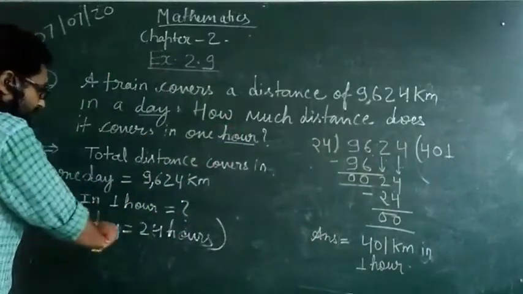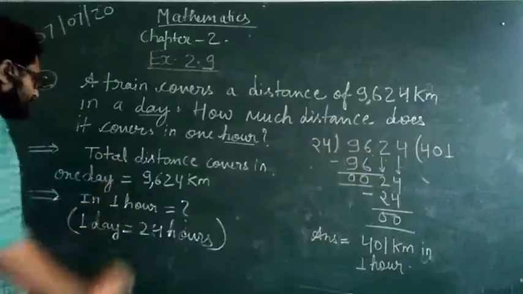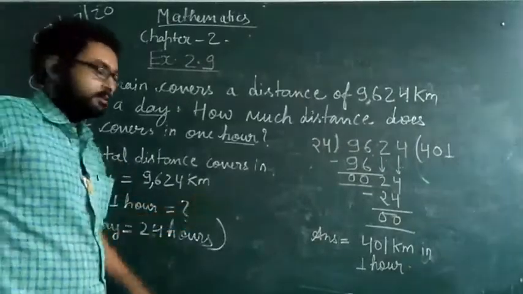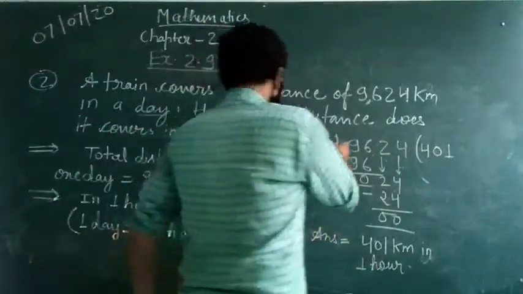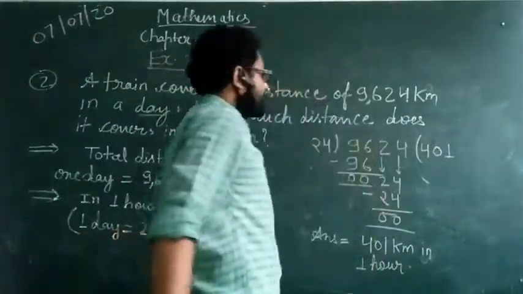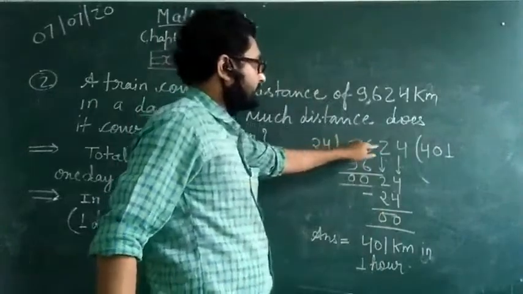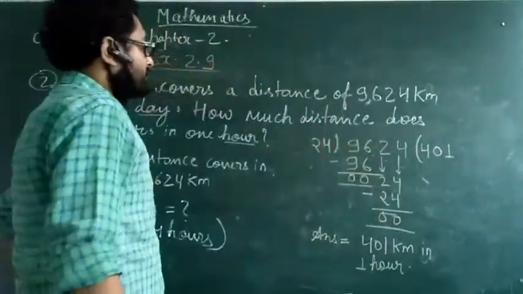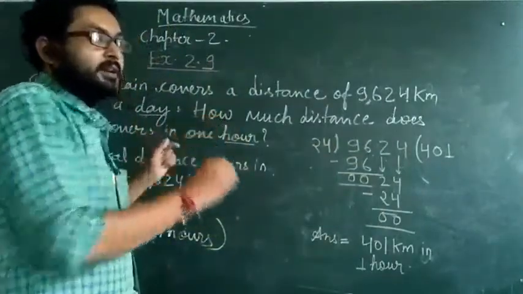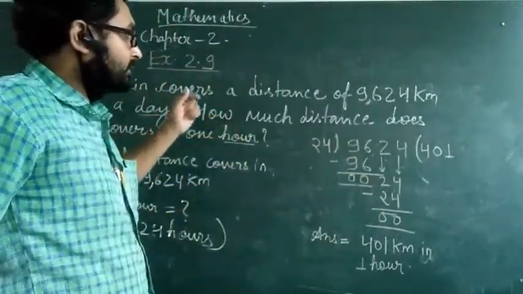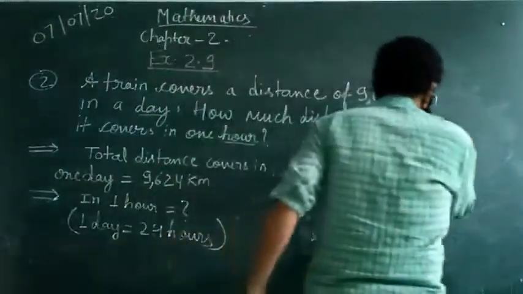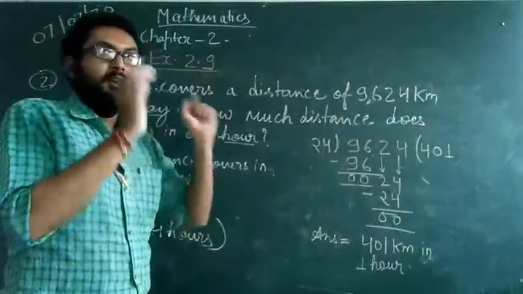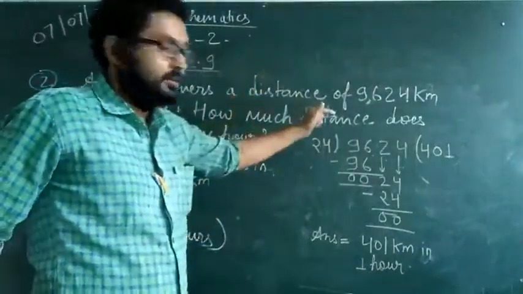First we do the conversion, then we will divide 9,624 by 24. What do we find in division? We find the individual value, so to find the value for one, we divide.